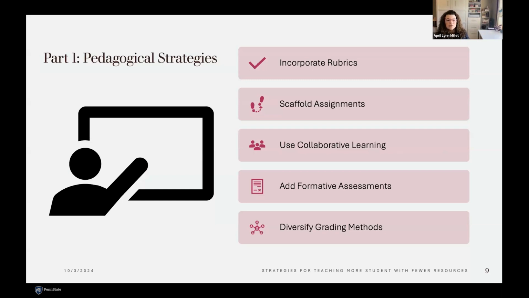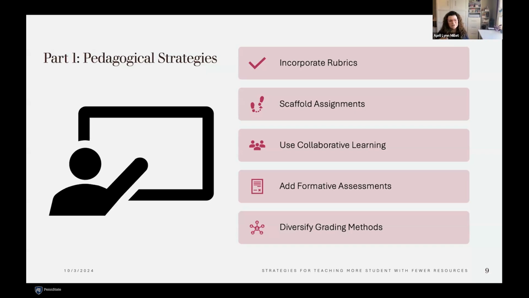So these strategies allow instructors to maintain their high quality experiences for their students while managing their own workload more efficiently. So in this session, we're going to focus on the 5 that are listed here: incorporating rubrics, scaffolding assignments, using collaborative learning, adding formative assessments, and then diversifying grading methods. And so we're going to be working through all 5 of those.